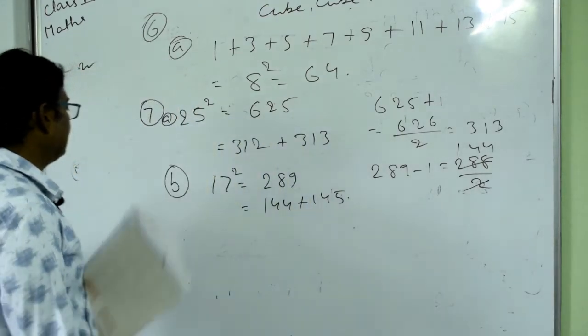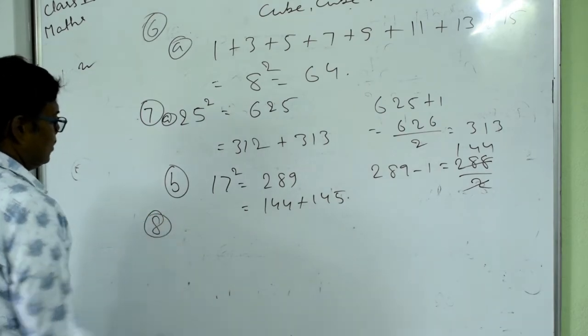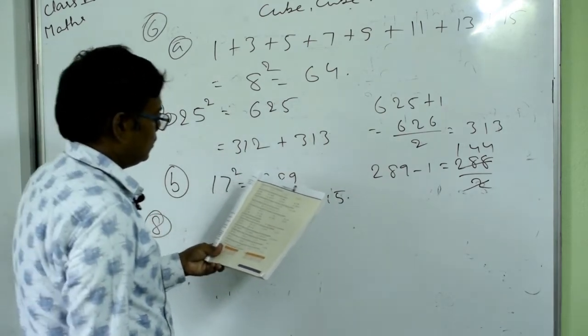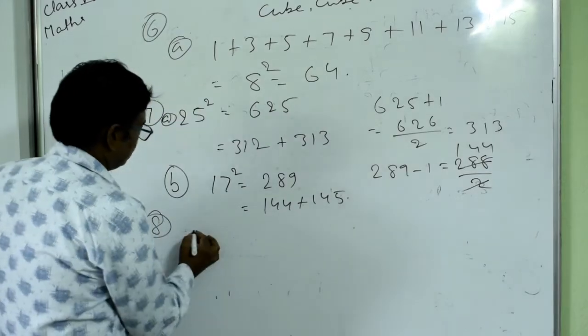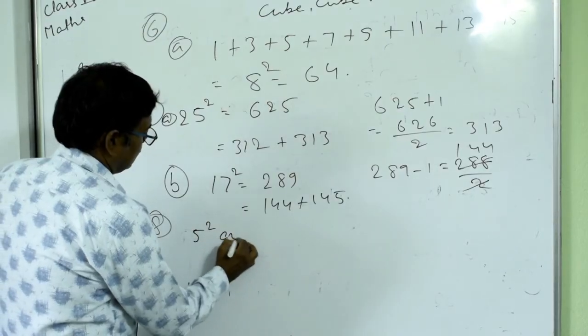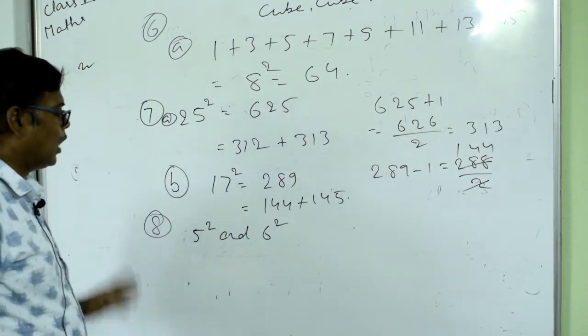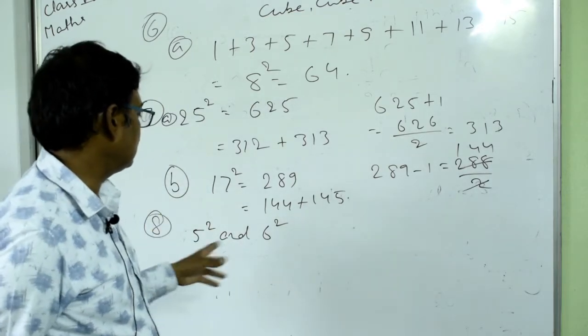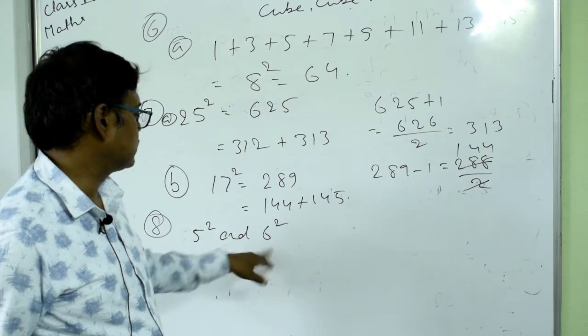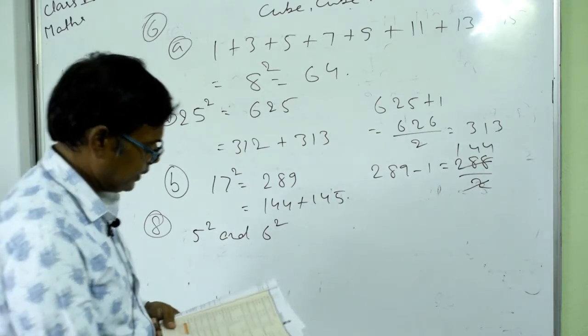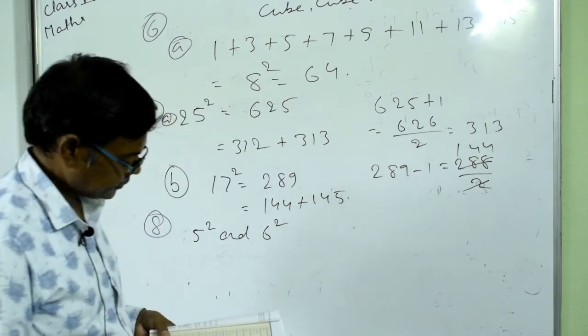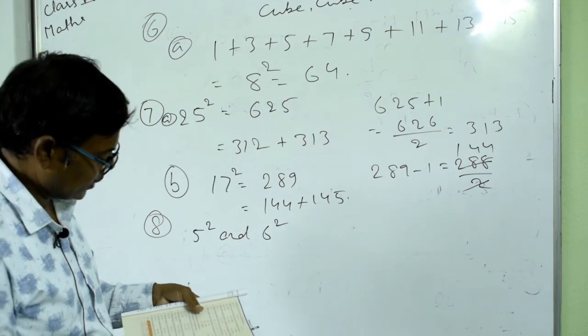And question number 8, you have two numbers, 5 square and 6 square, and we have to find out how many numbers are there between 5 square and 6 square. So how many will be there?